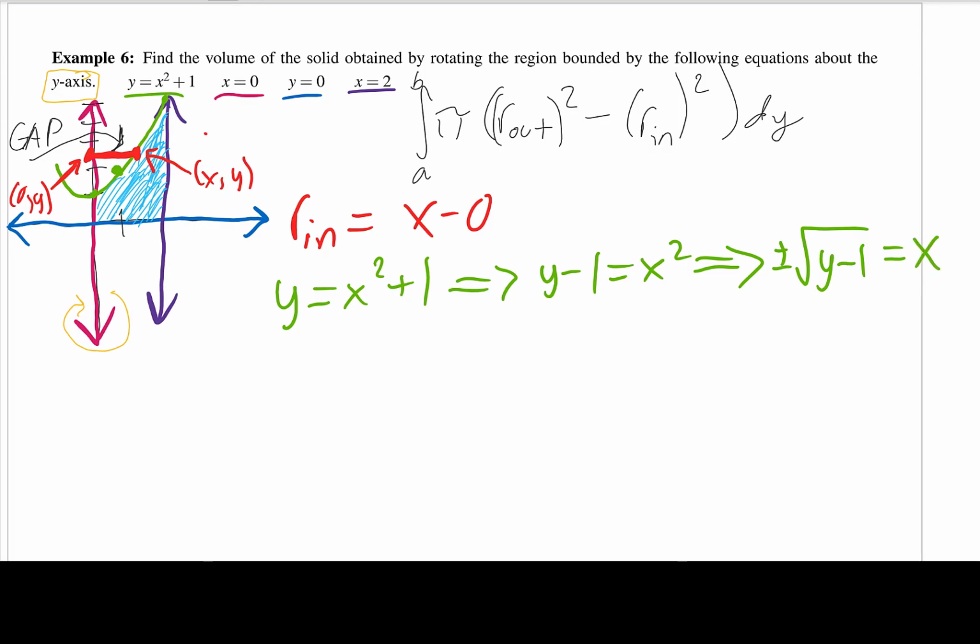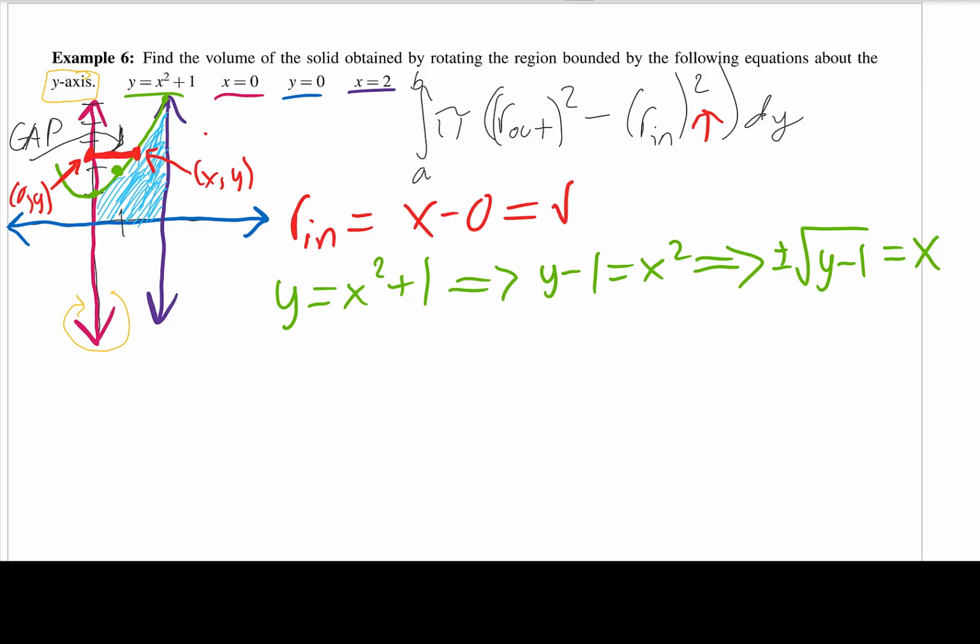Now we can rewrite our r in as plus or minus the square root of y minus 1. The plus or minus will go away later because of the square. We can also get rid of it because this is a radius, a distance, which means that it has to be positive.